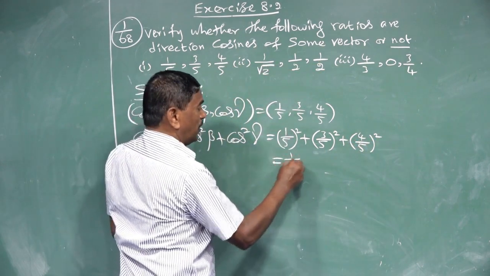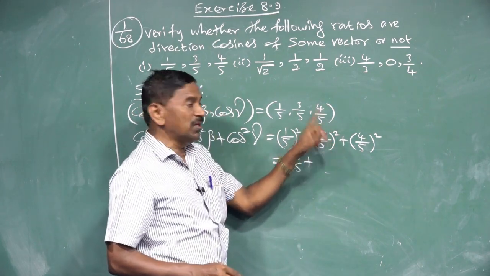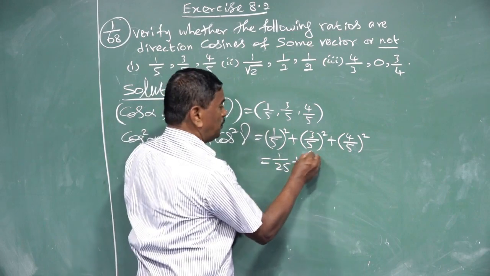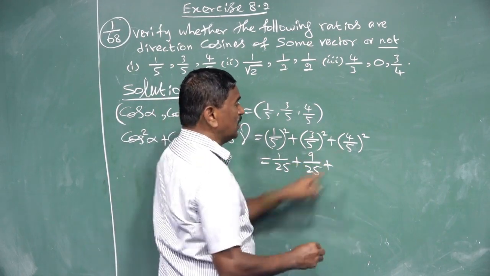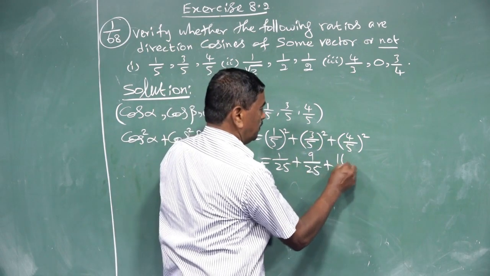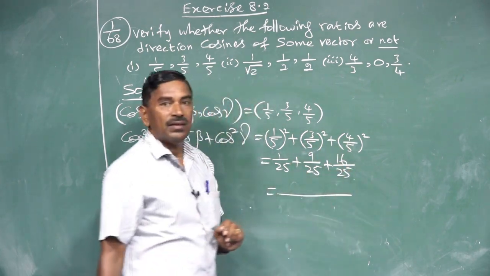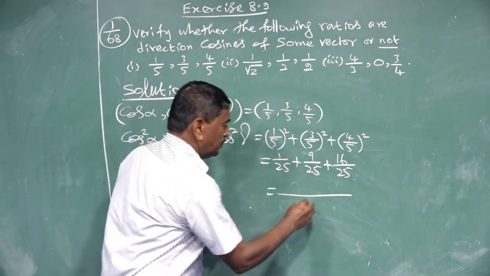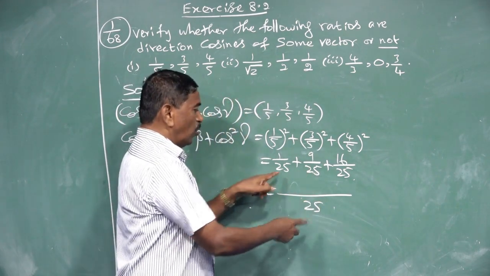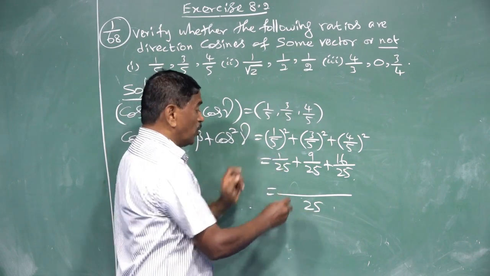Which is equal to 1 by 25 plus 9 by 25 plus 4 by 5 the whole square equal to 16 by 25. Next step, 25 is the LCM. 1 into 1, 1.